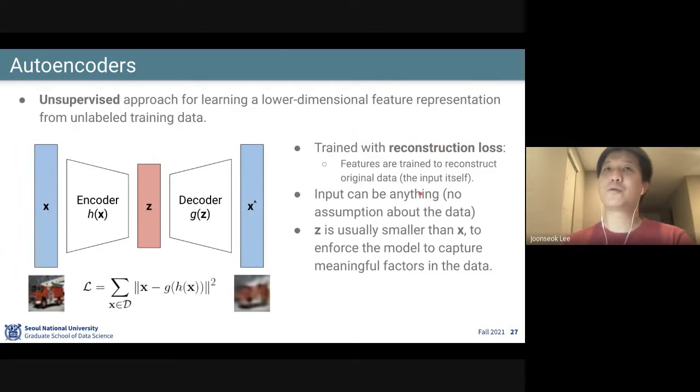One great thing with this is that it can be applied to any kind of data set, not just images, but sounds or videos or any measurements, scientific measurements, anything. You can just apply very long vectors here and map them to a small vector called Z, and then recover it from that. That's it.